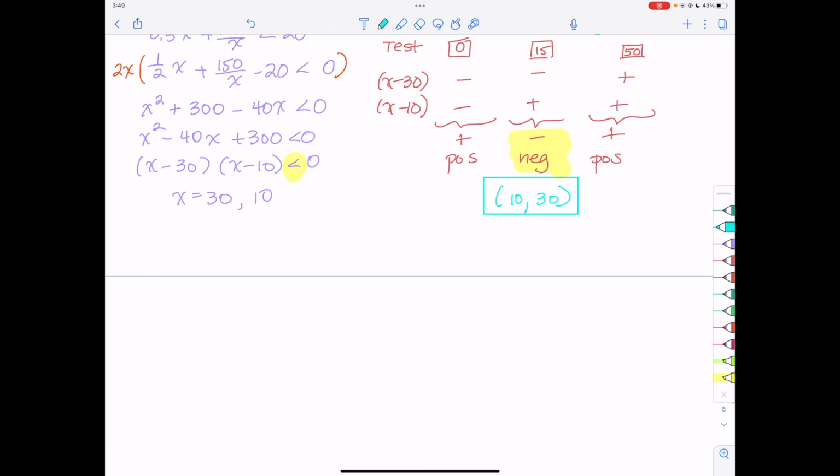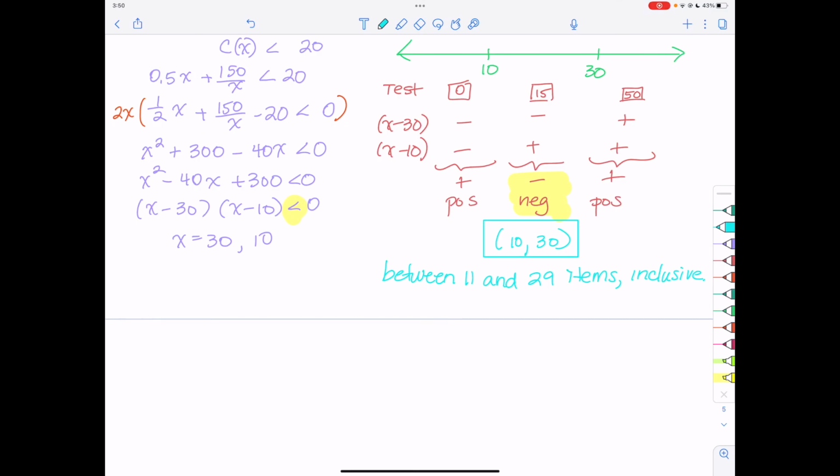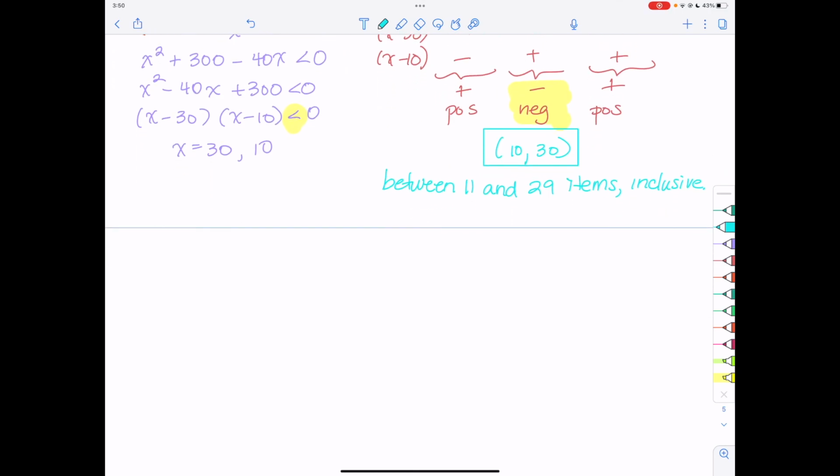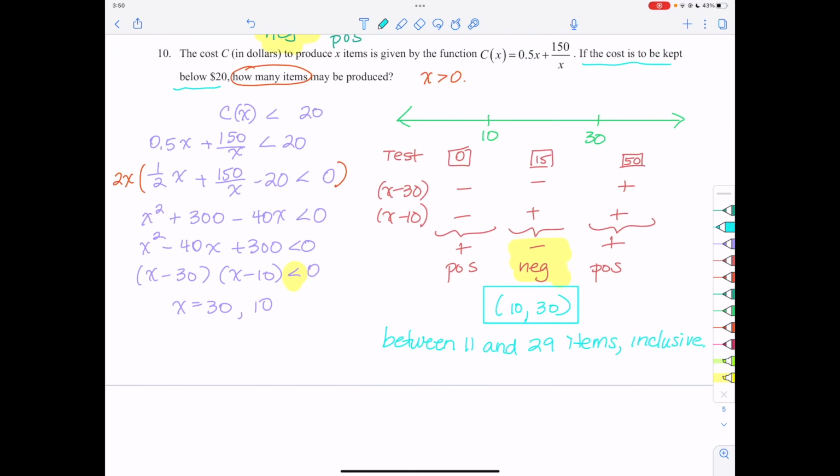So the answer would be between 11 and 29 items inclusive, because we can't include 10 and 30. Okay, and that concludes this section.